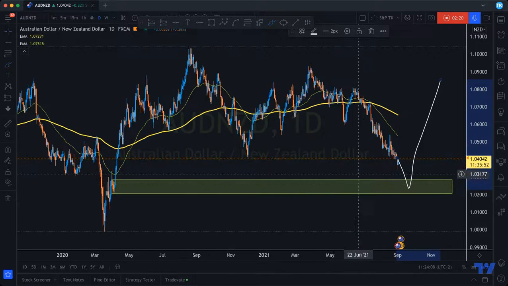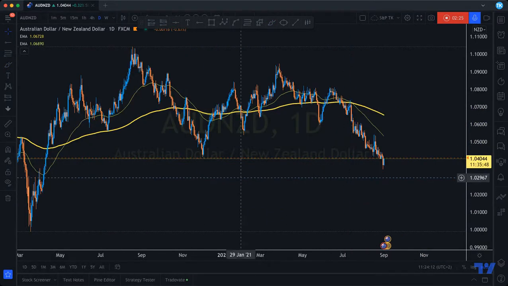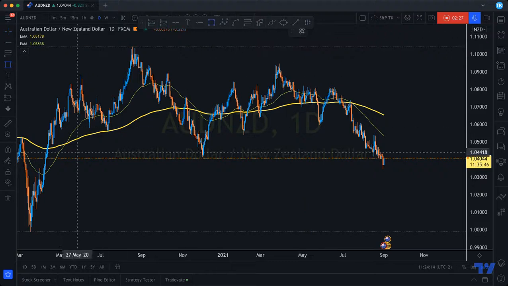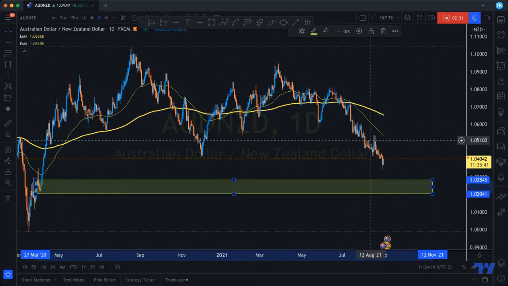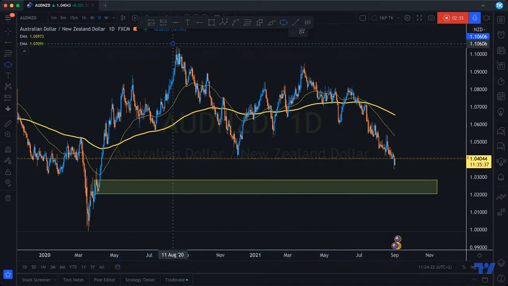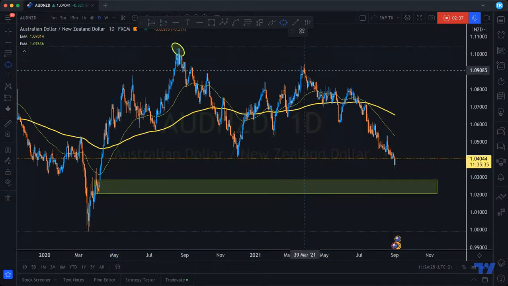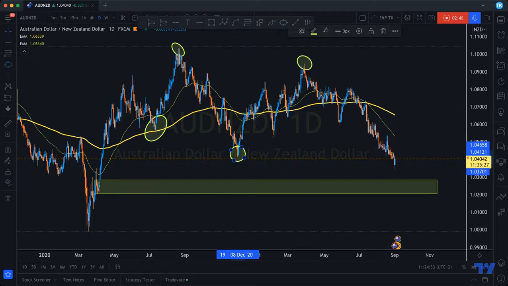But anyway, also on a daily perspective, we are short. I think there is no doubt about it. Higher highs, lower highs and lower lows.